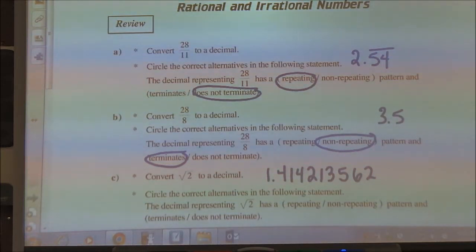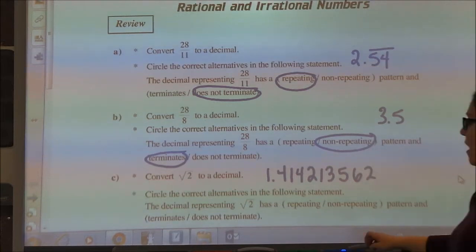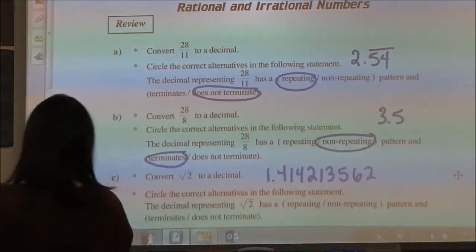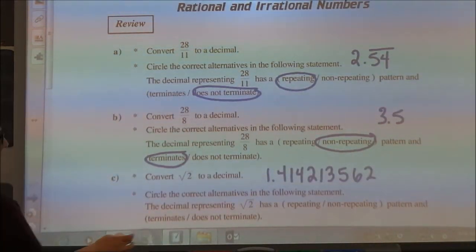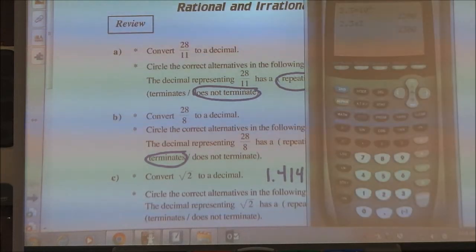No. Does this look like it terminates? What if I told you that the maximum number of decimal places shown on the calculator is 9? Does this look like it terminates? No. I could figure this out, or I could try to see if my calculator could help me out.